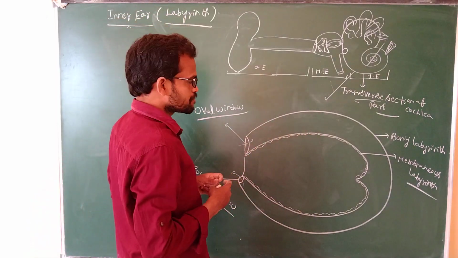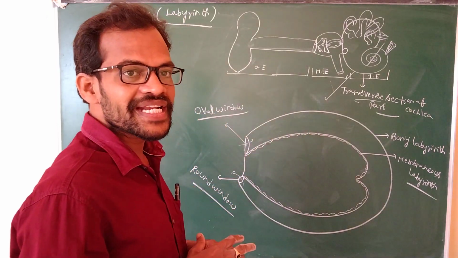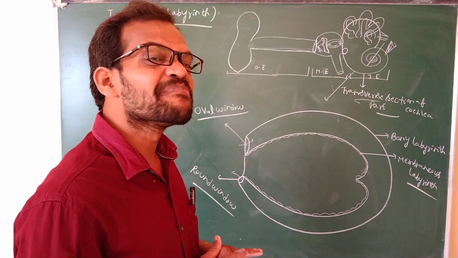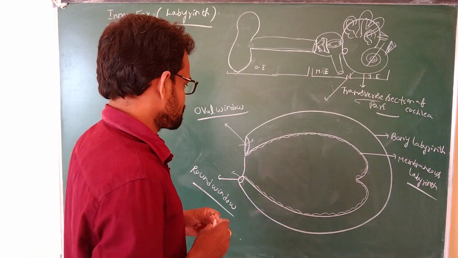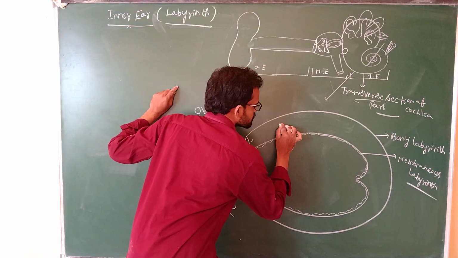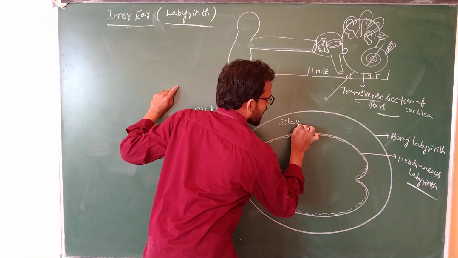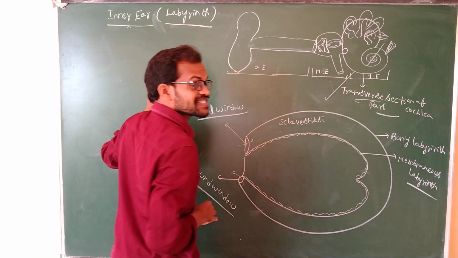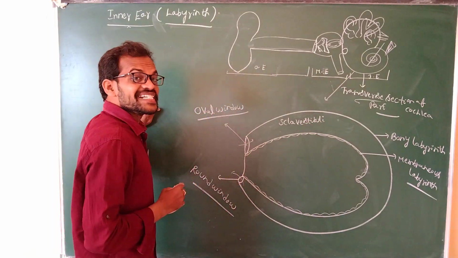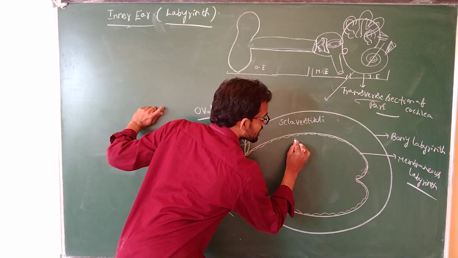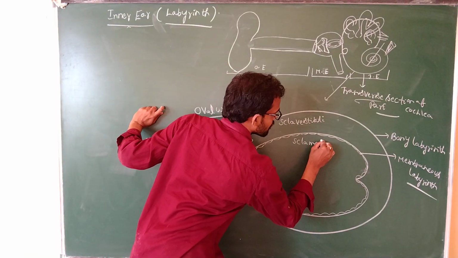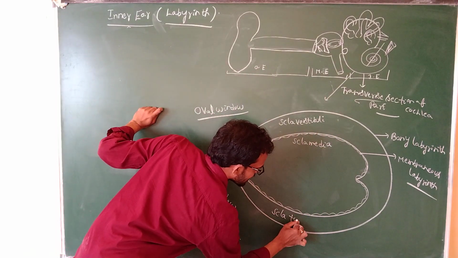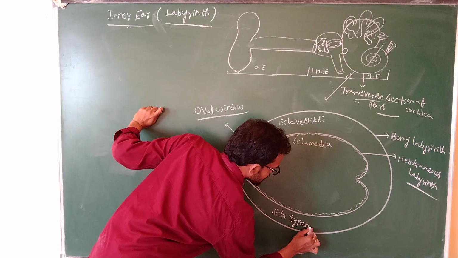This cochlear part is divided into the scala vestibuli, scala media, and scala tympani. See here, this part is the scala vestibuli, this is the scala media, and this is the scala tympani.